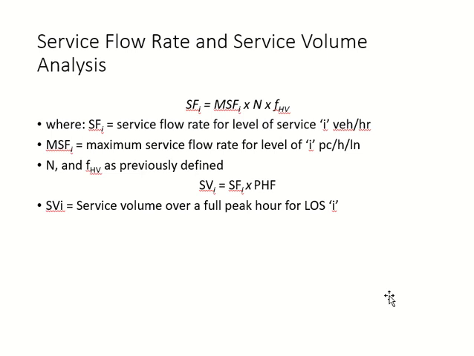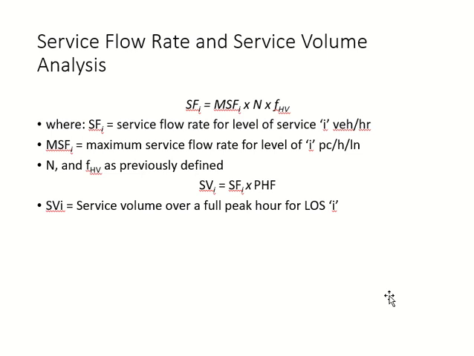Clear? Okay. Now what do we have here? We have MSF, maximum service flow rate. You see in the first equation, we have service flow rate and we have maximum service flow rate. What is the difference between them? Maximum is in ideal conditions. MSF is in ideal conditions.